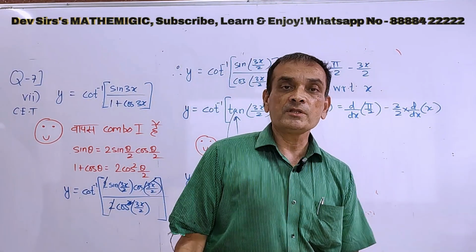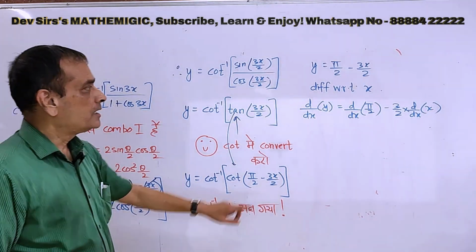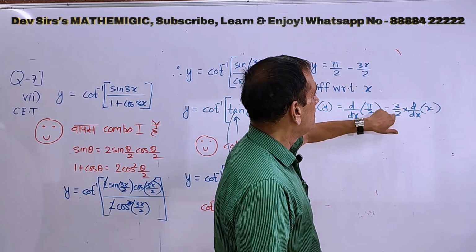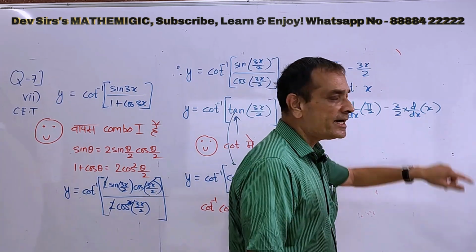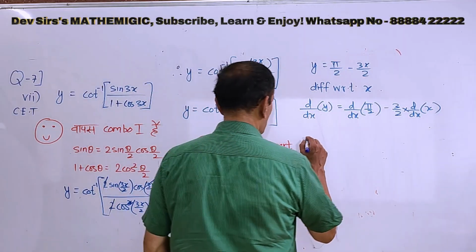Now differentiate with respect to x. चलो करो डेरिवेटिव. d by dx of y is equal to d by dx of pi by 2 minus 3 by 2 is a constant, d by dx of x. So dy by dx.